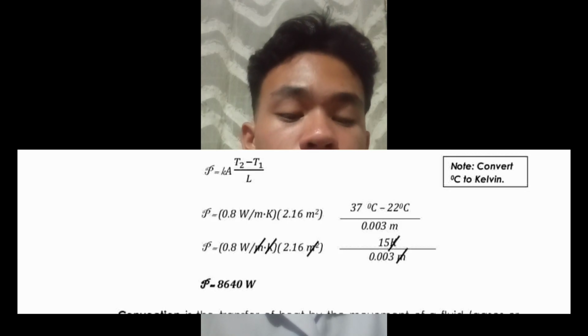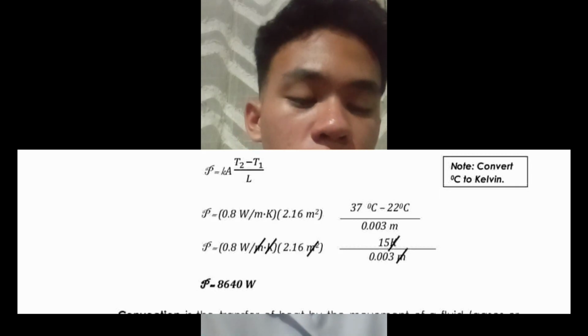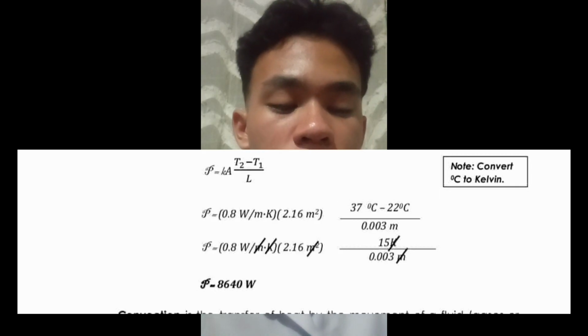times the final temperature 310 K minus 295 K, the initial temperature, divided by the length 0.003 meters.